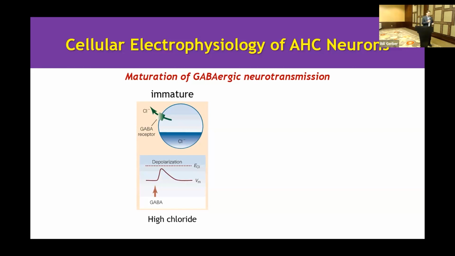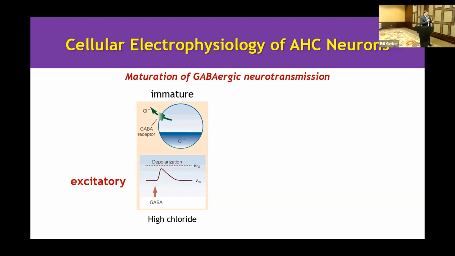So early in development, immature neurons that receive a signal from an inhibitory neuron in the form of the neurotransmitter GABA are activated in a way that makes them more excitable. They will fire action potentials more readily.